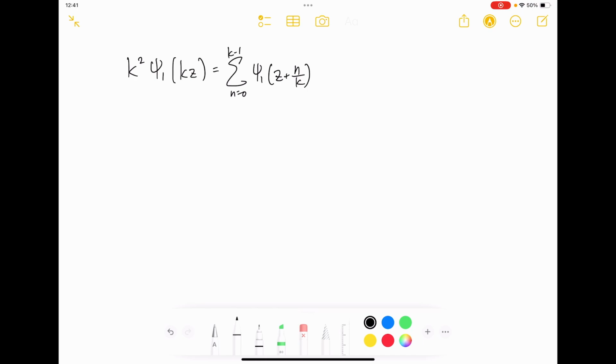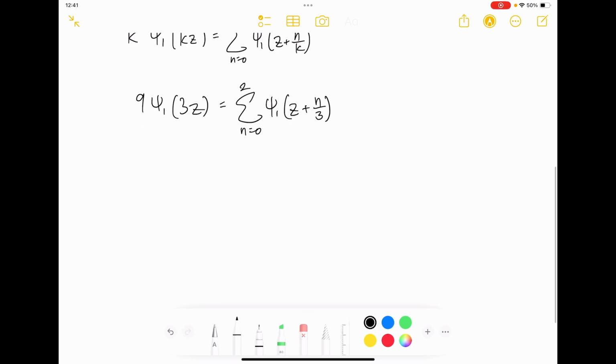Well, 9 times the trigamma of 3z is going to be the sum from n equals 0 to 2 of the trigamma function of z plus n thirds. Now, let's explicitly expand this sum.